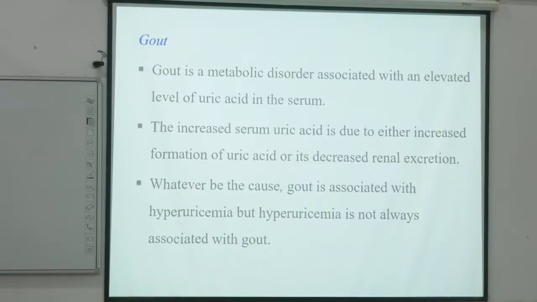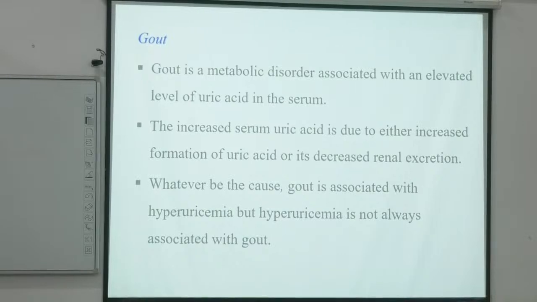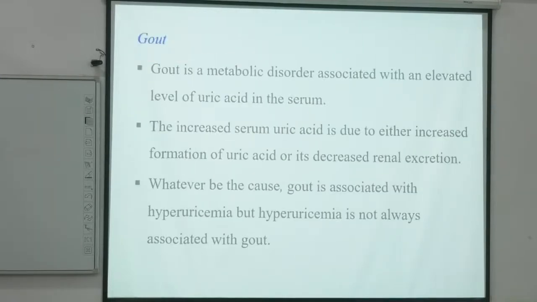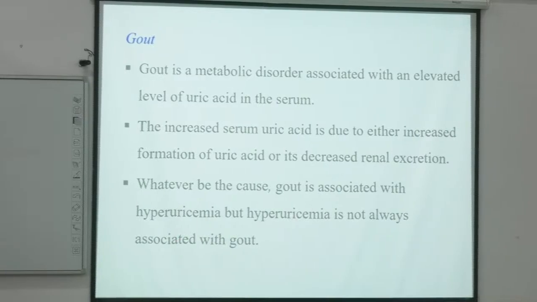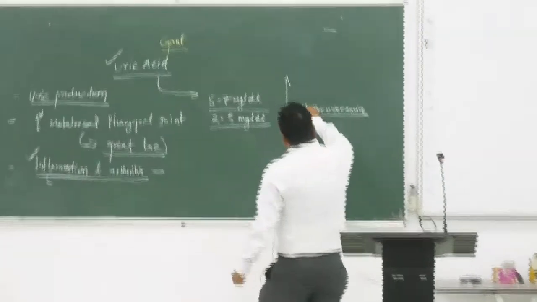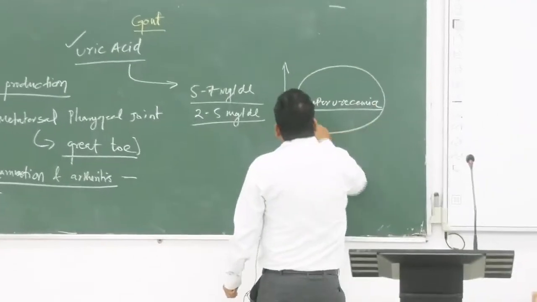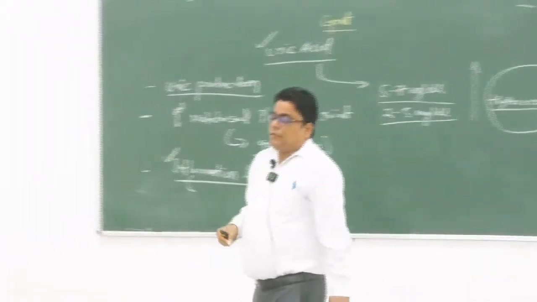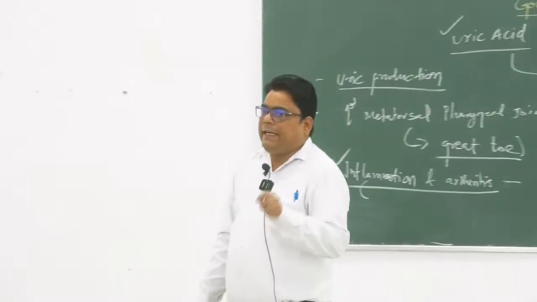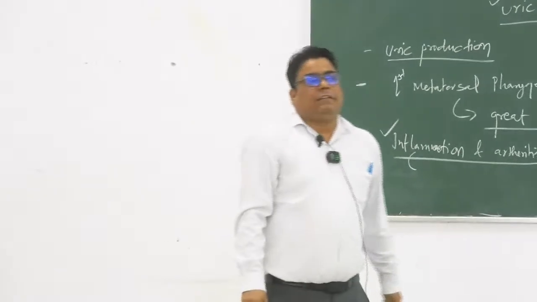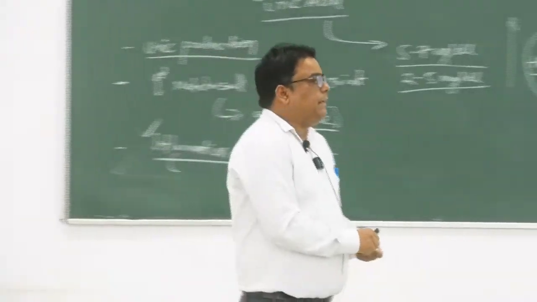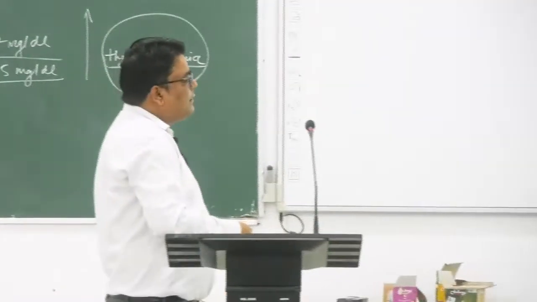That means it is ultimately correlated with kidney function. Okay, it is hyperuricemia and it is not at all associated with gout. But this means a person having a high level of uric acid, but it doesn't matter that the person suffers from gout. That is what it means. But if you understand the signs and symptoms, then we go for causes.